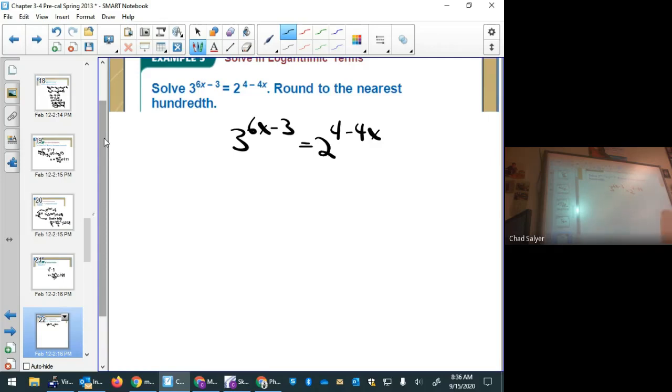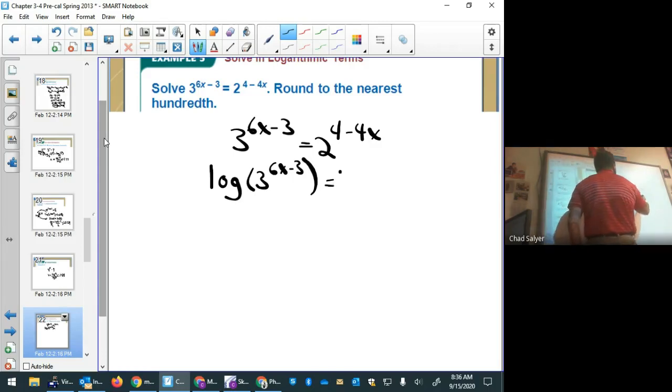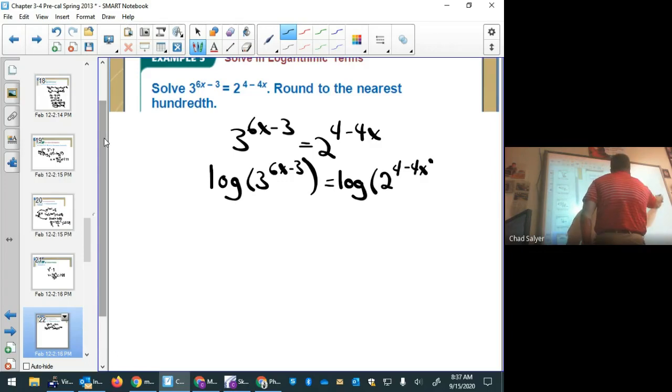I'm going to take both sides as the argument of the common log, because I have more than one type of base.